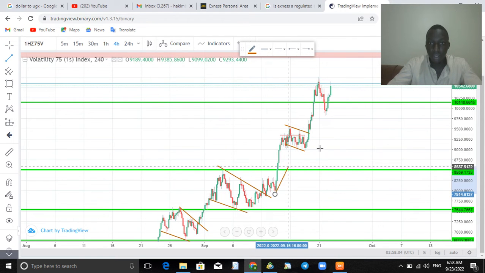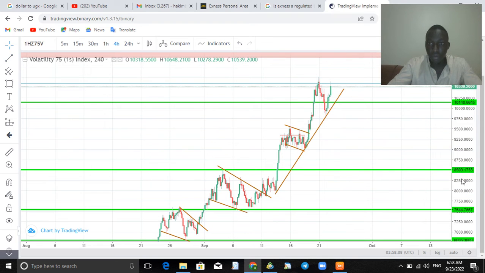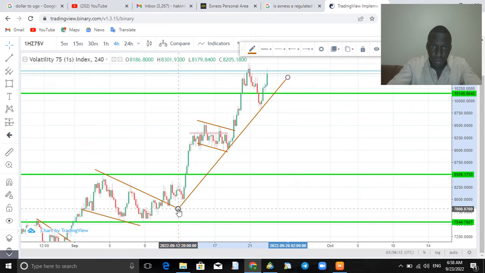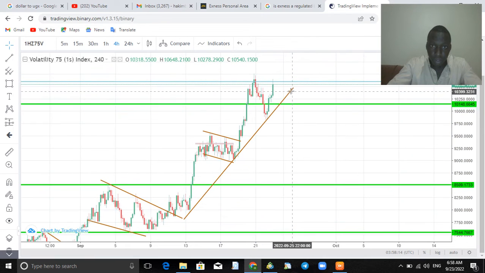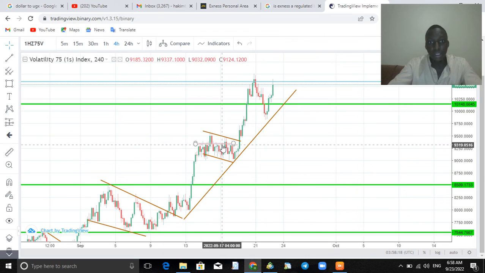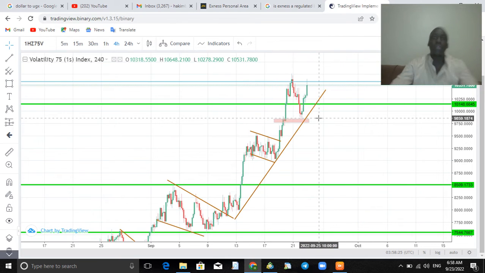If we connect these recently broken support levels, we see that it didn't retest well at this particular level, but overall we are in an uptrend.